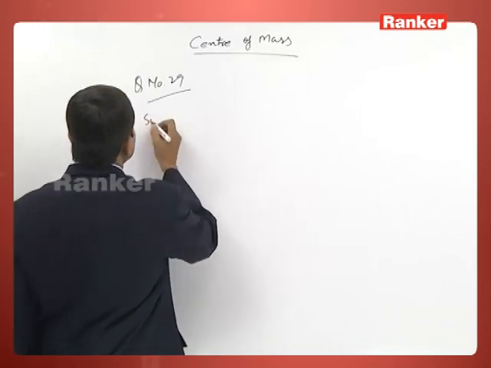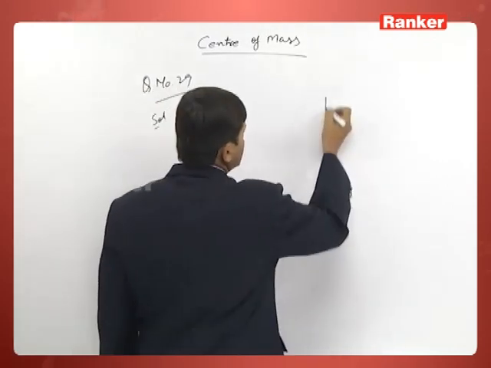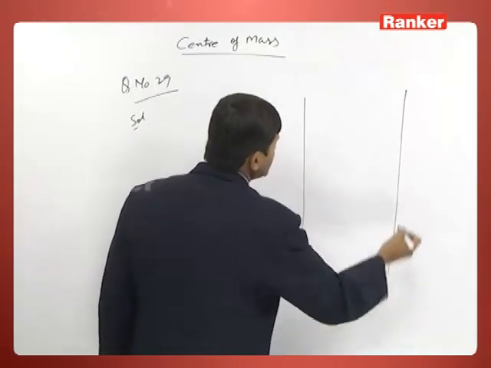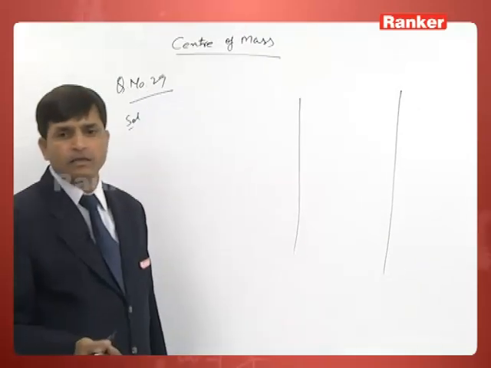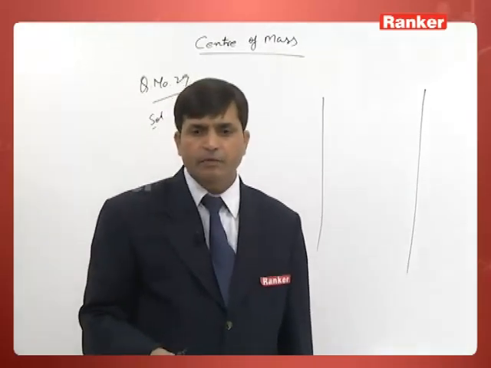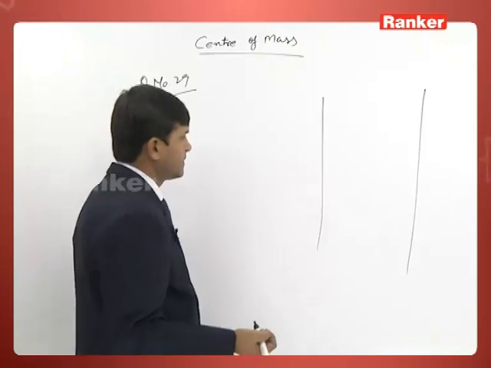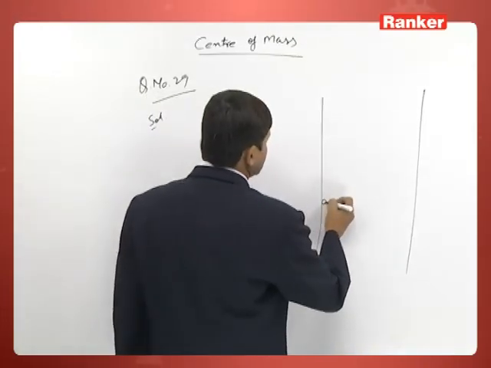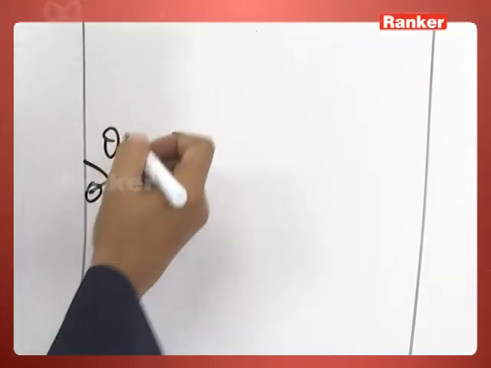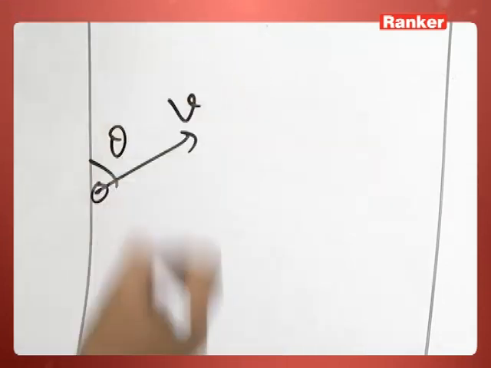So as per the question, there are two infinite walls and a particle has been projected making an angle theta with velocity v.